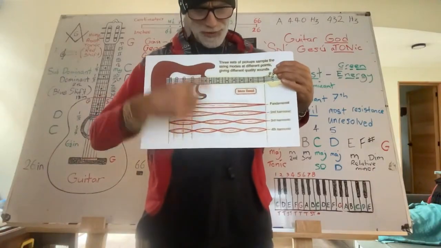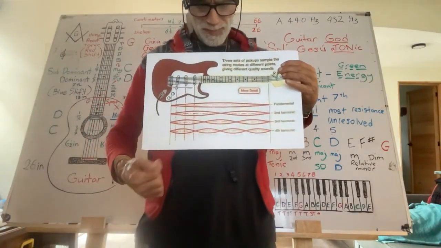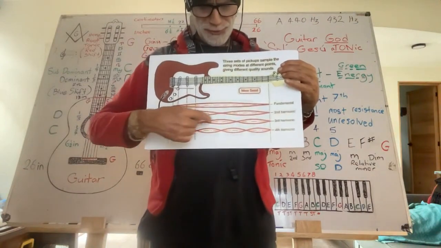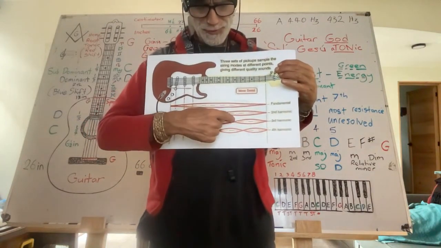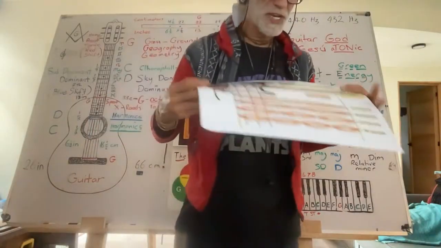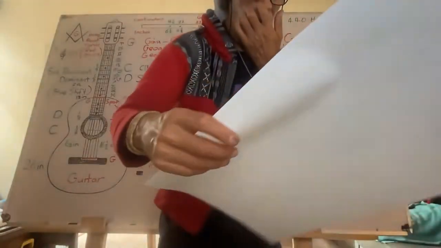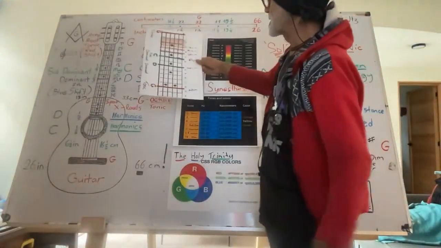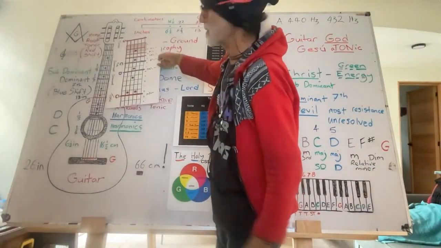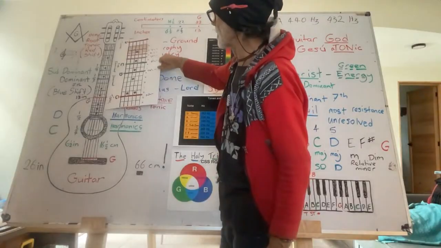So what you're doing is you're finding the harmonics along the string. Every string will have a harmonic in the middle, at the thirds, the 2/3, and at the 3/4. So let's test that on our guitar. But first of all, I've tried to make that to scale as much as possible.